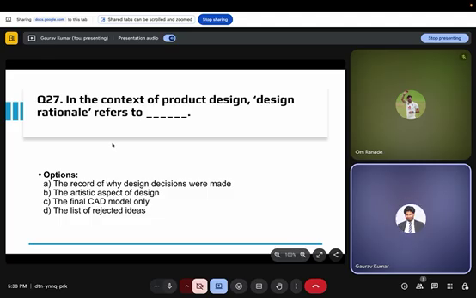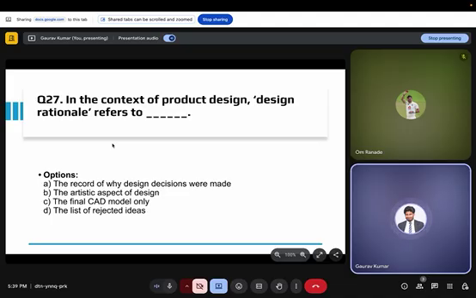So, a design rationale documents the reasoning, trade-offs and criteria underlying every design decision, and it captures why a particular concept, feature or configuration was chosen, linking outcomes to objectives and constraints. Such documentation ensures the continuity of knowledge across project stages and teams. Option B, the artistic aspect of design, trivializes the analytical foundation of rationale.